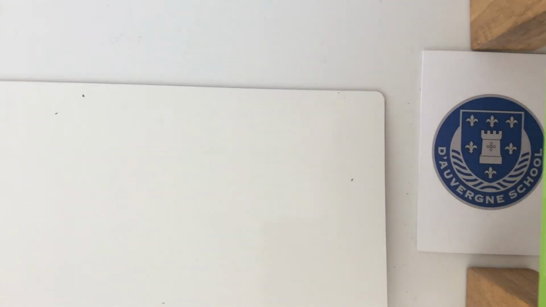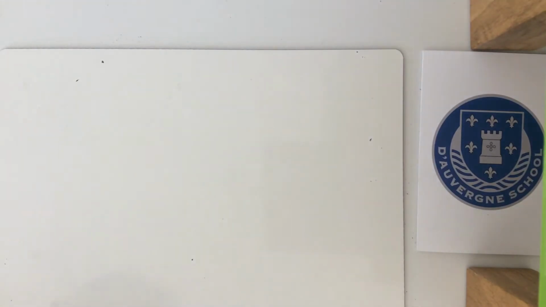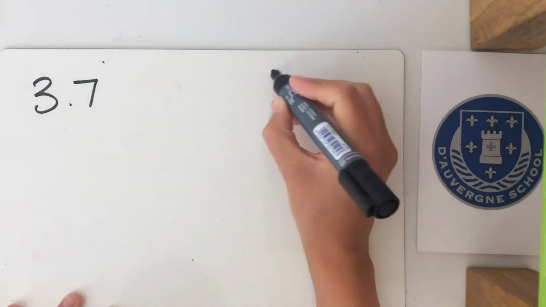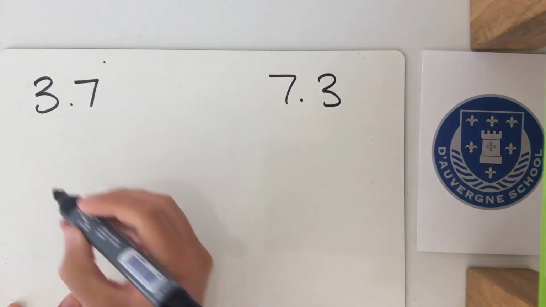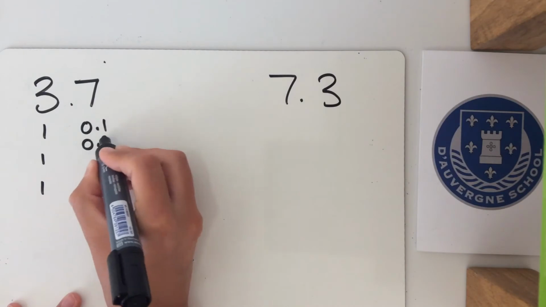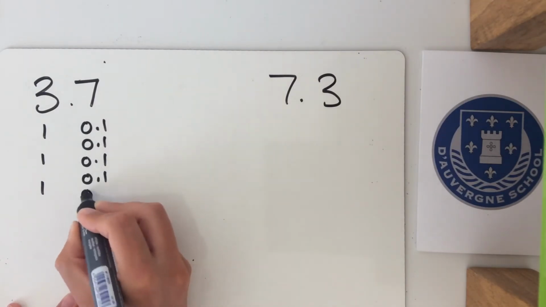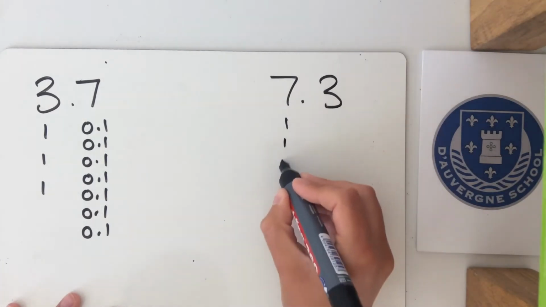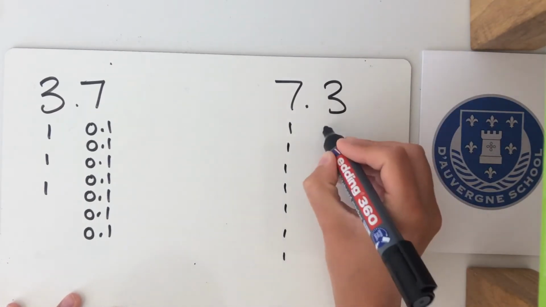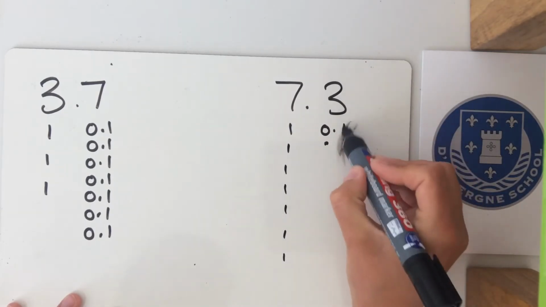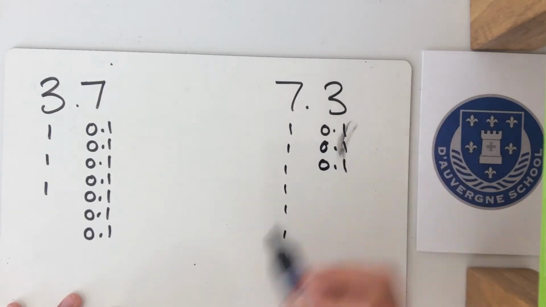So let's talk through what we worked out. So we've got 3.7 and we've got 7.3. So they have 3 ones and 7 tenths, and 7 ones and 3 tenths.